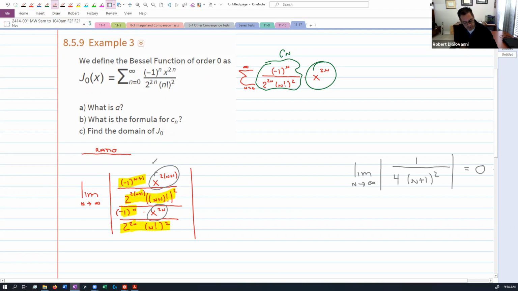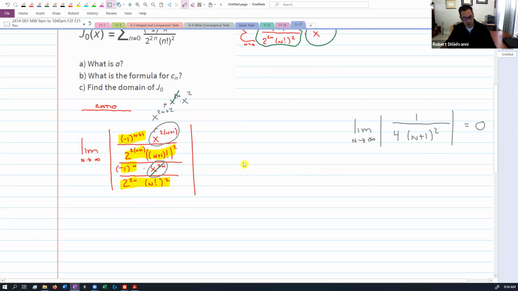So that becomes x^(2n+2). And this one is x^(2n). I can rewrite that as x^(2n) times x squared. And so not everything cancels, but we get the x^(2n)'s to go away. Y'all understand that?